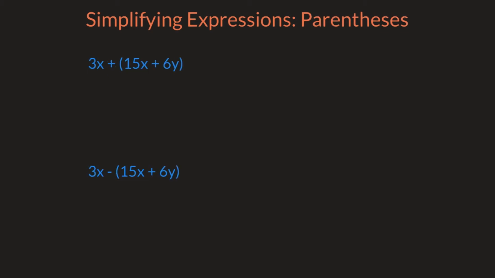Now let's talk about some key mechanics of simplification. Parentheses. Many problems will require you to work through parentheses to simplify. If you see an addition sign in front of parentheses, like you see here, simply remove the parentheses and simplify from there.